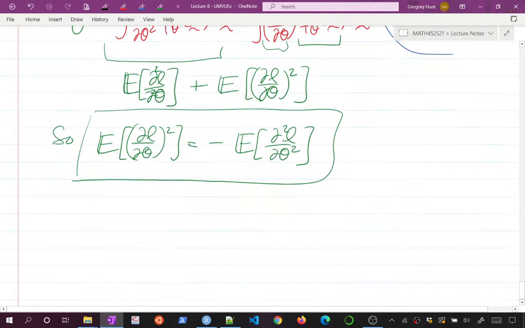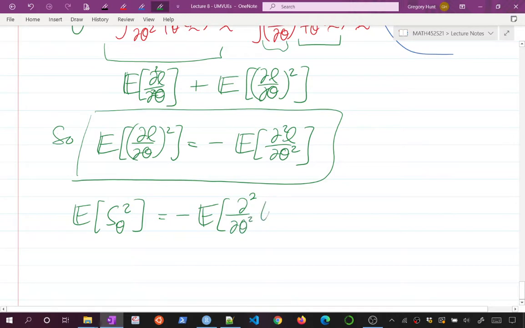And typically people might write this as: the expected value of the square of the score is basically the negative of the expected value of the second derivative. Another way you'll see people write it is the second derivative of log f theta of x. Doesn't really matter which way you want to write it.